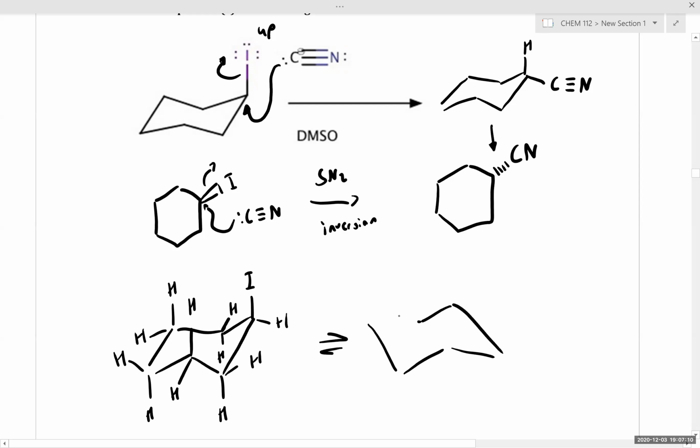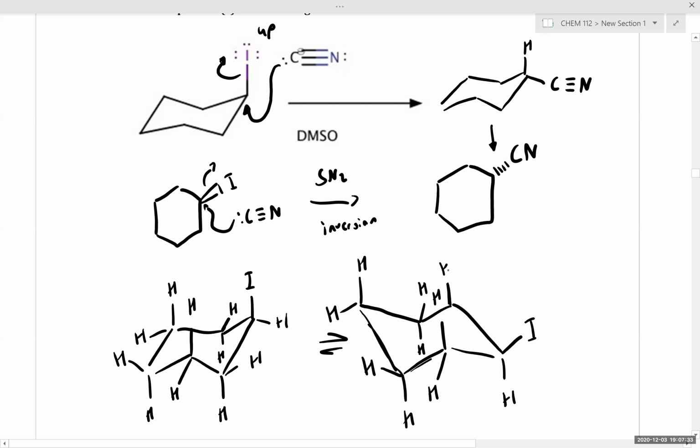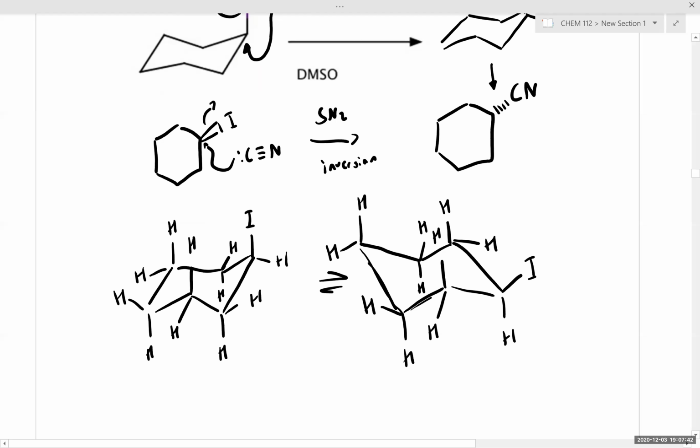So we have our two chair conformations drawn. Okay, so in terms of approach, let me show you a model kit with all of the hydrogens added and included in our structure.